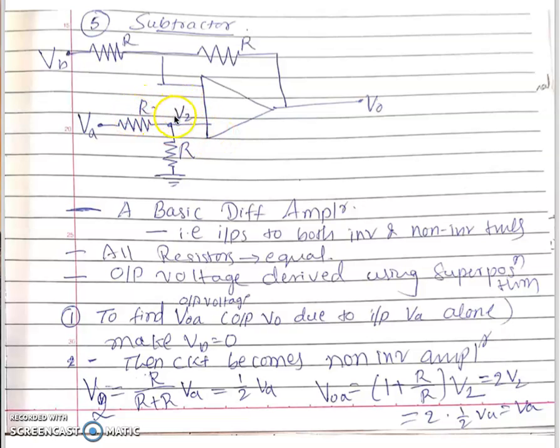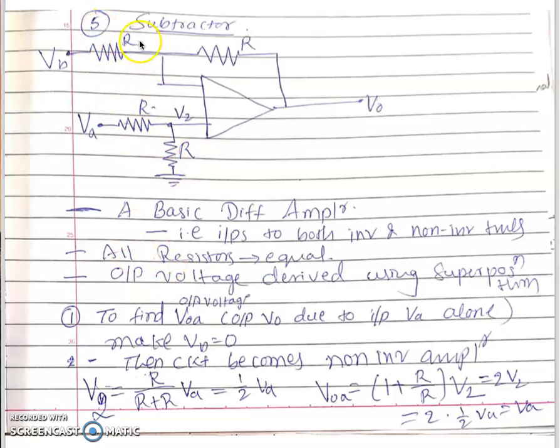And the actual voltage applied to the non-inverting terminal is V2. V2 is derived from VA. So, in the circuit, we are going to deal with two input voltages applied to the two terminals. That is why we consider this a differential amplifier. It is going to produce the difference of the inputs.